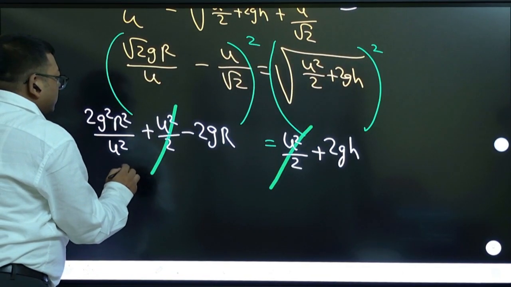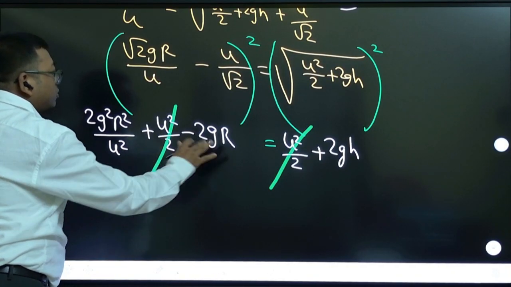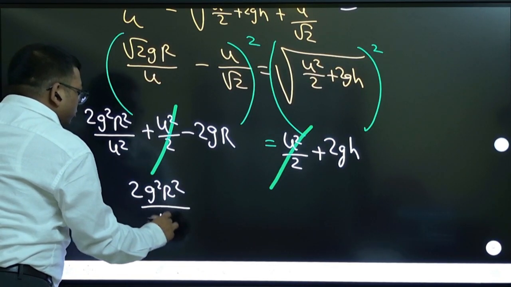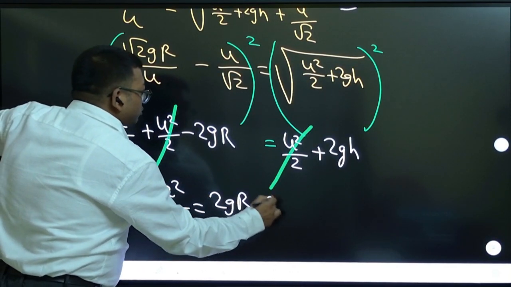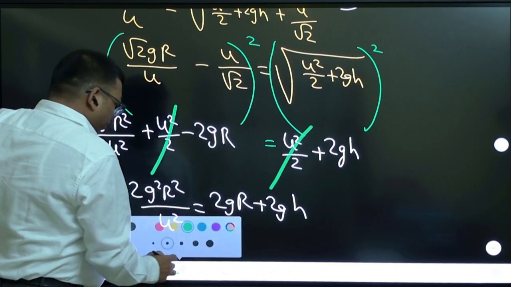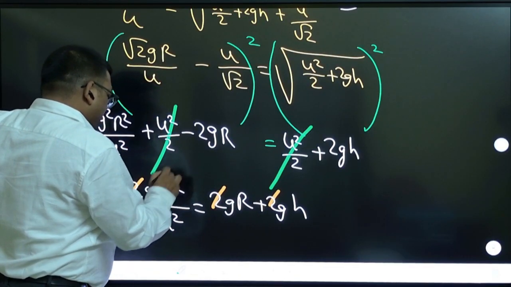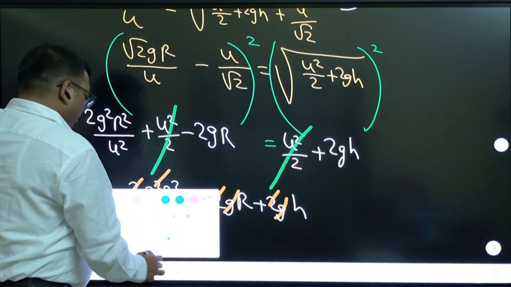So we want u. So take that side, this one. So 2g square r square by u square. Take this side. So this becomes 2gr plus 2gh. Now I think the 2 factor will go away everywhere. The g factor will also go away everywhere. Then I think we are approaching the answer.